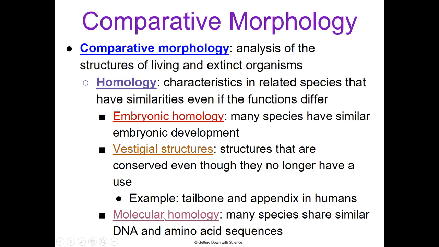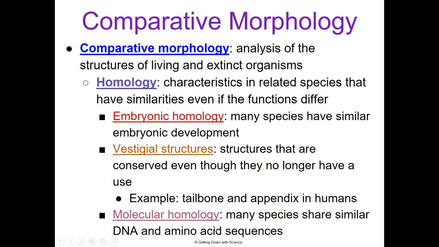And the last homology we want to look at is the molecular homology. This one is a little more recent in terms of comparisons as we've learned more and more about DNA and amino acid sequences. We look at how closely they are related based on the genetic code or the amino acids that make up the organism.